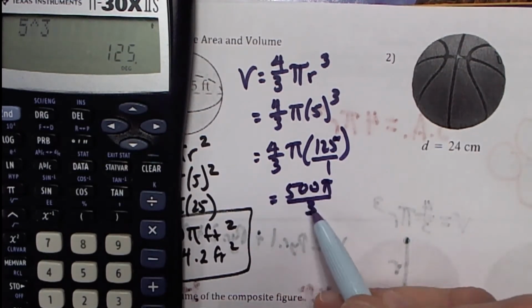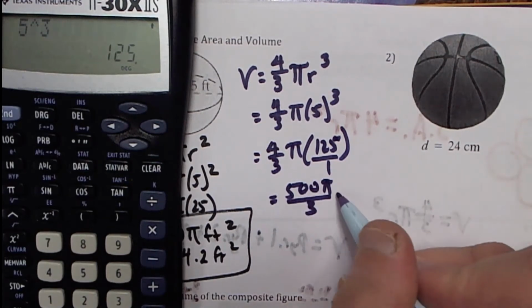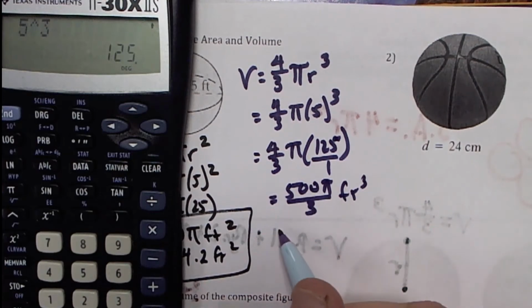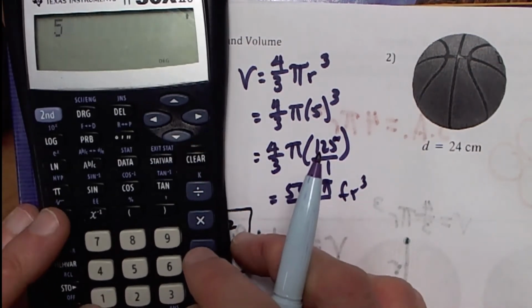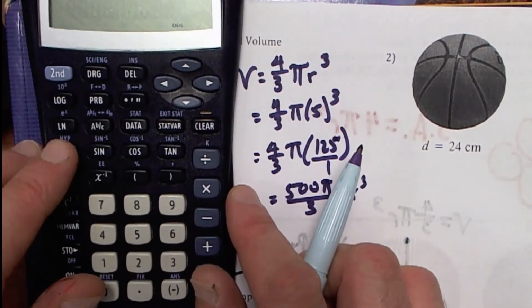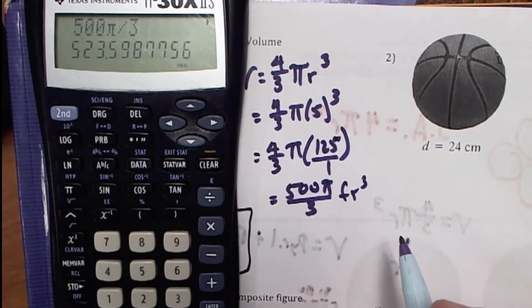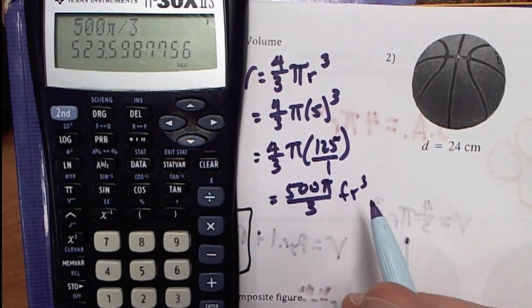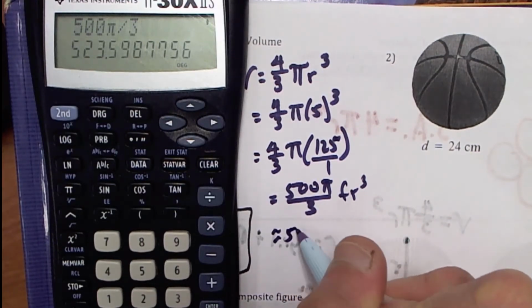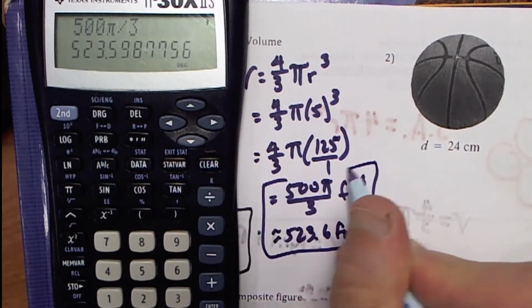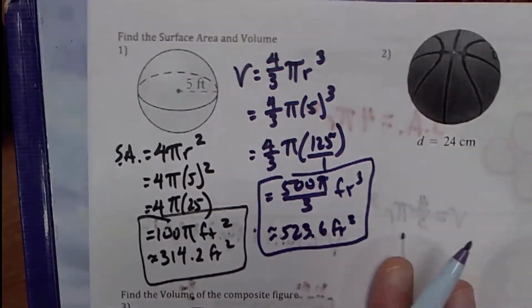And this is fine. 500 doesn't divide by 3, so you could just say 500 pi over 3 feet cubed. Punch that in your calculator, 500 pi over 3, about 523.598, so 523.6 feet cubed.